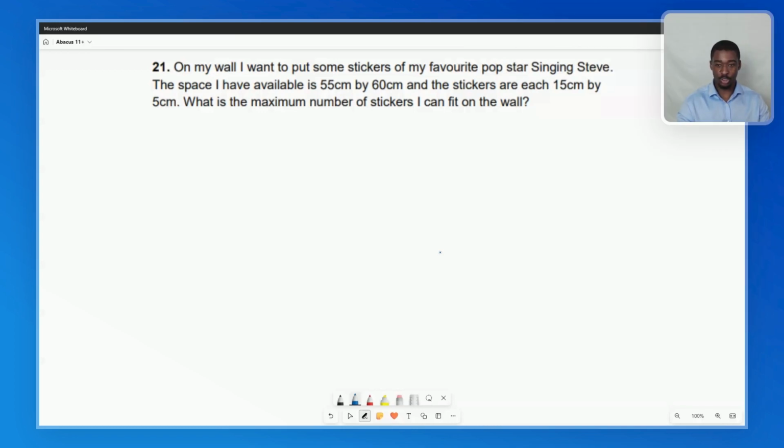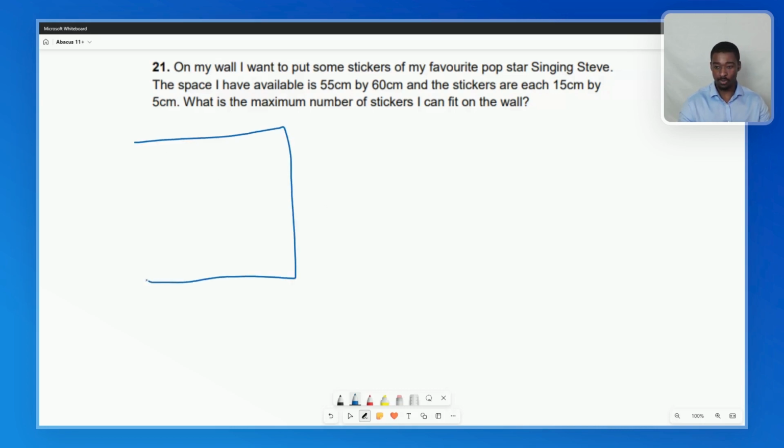Okay, for this next question, again, we have a few steps. So let's take it methodically, step by step. On my wall, I want to put some stickers of my favorite pop star, Singing Steve. Okay, the space I have available is 55 centimeters by 60 centimeters. So let's visualize this.